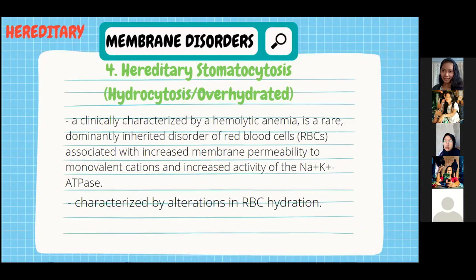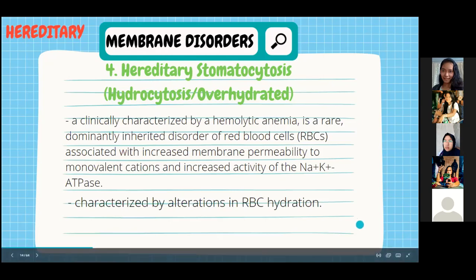So it is associated with high potassium and sodium content, resulting in increased membrane permeability. What happens here is that the membrane of the cell leaks sodium and potassium ions. That's why it is overhydrated. And this is also the first type of a rare autosomal dominant congenital anemia.